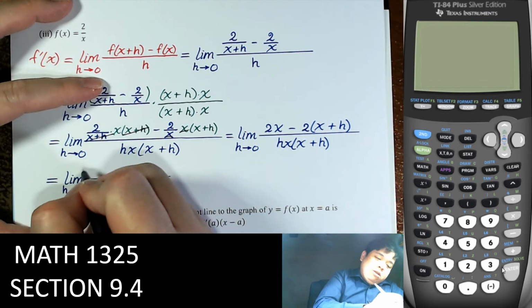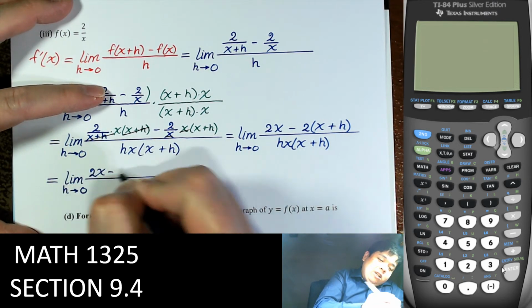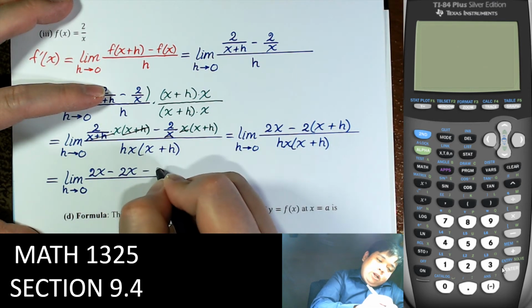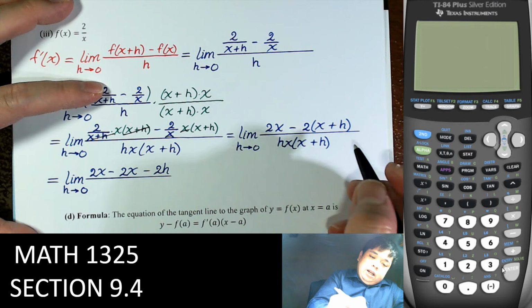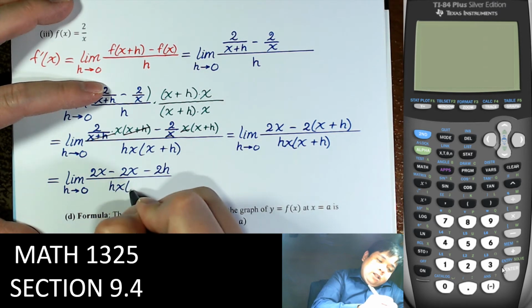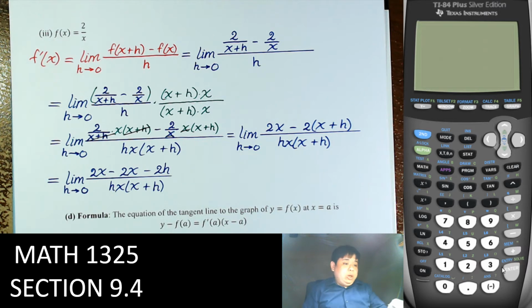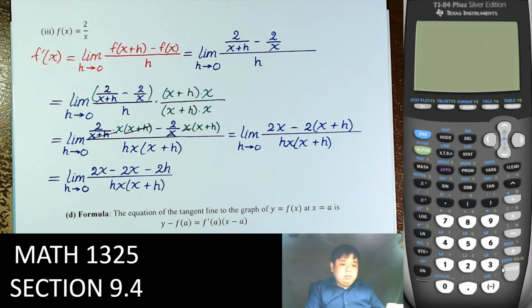And then multiply it out. 2x minus 2x minus 2h. At the bottom we have h times x plus h. Once again, we need to cancel the h at the bottom, so we don't multiply it out.